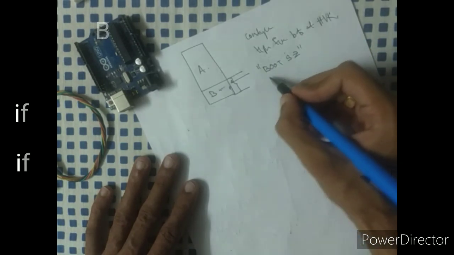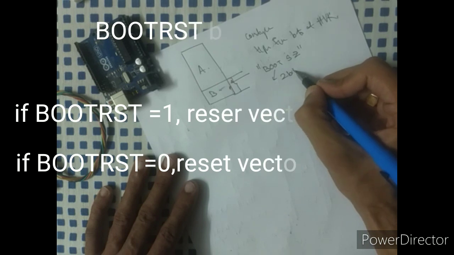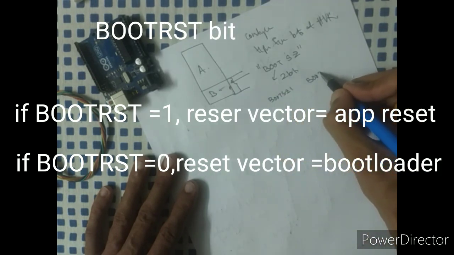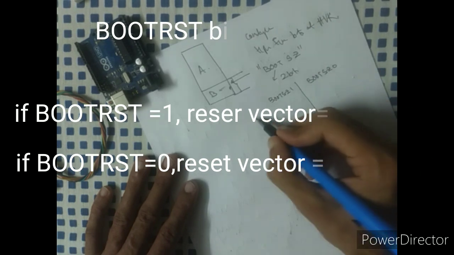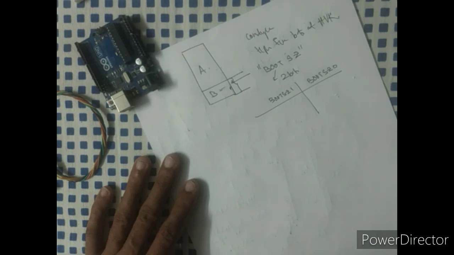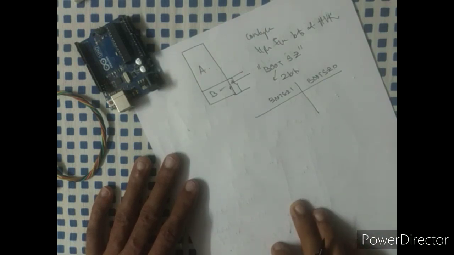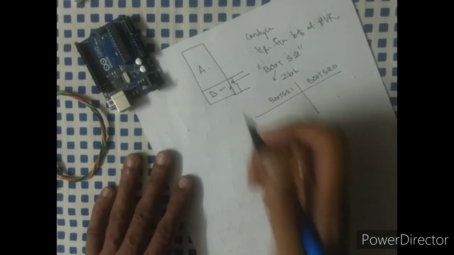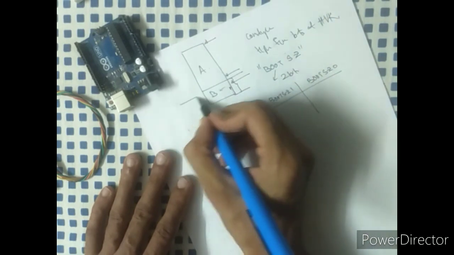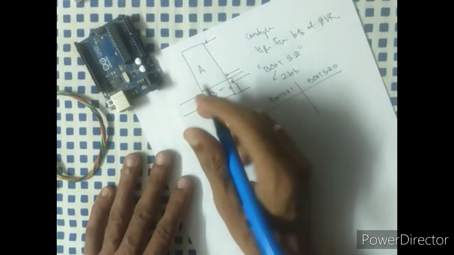That is the boot size, BOOTSZ. It has 2 bits, BOOTSZ1 and BOOTSZ0. These determine what the boot size is and how many pages it includes, so where the application program will start and end, and where the bootloader section will start and end.